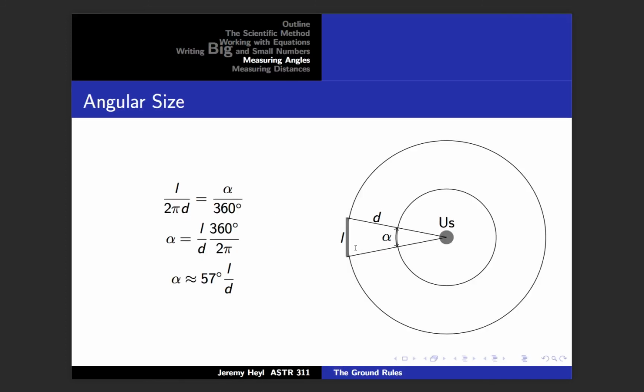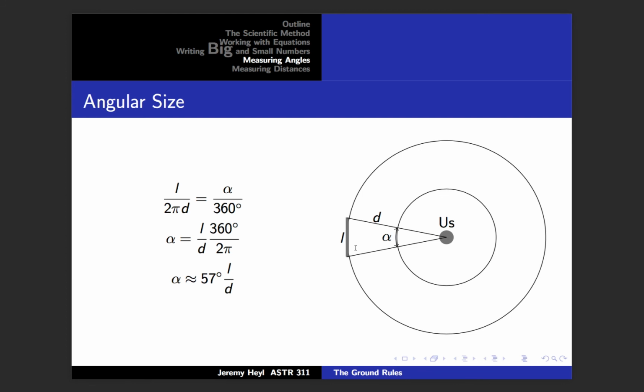So we can write that as an equation, right? The fraction of that length over the entire trip around the circle is the length divided by the circumference of the circle, which is 2 pi times the radius of the circle, which here is called d, okay?